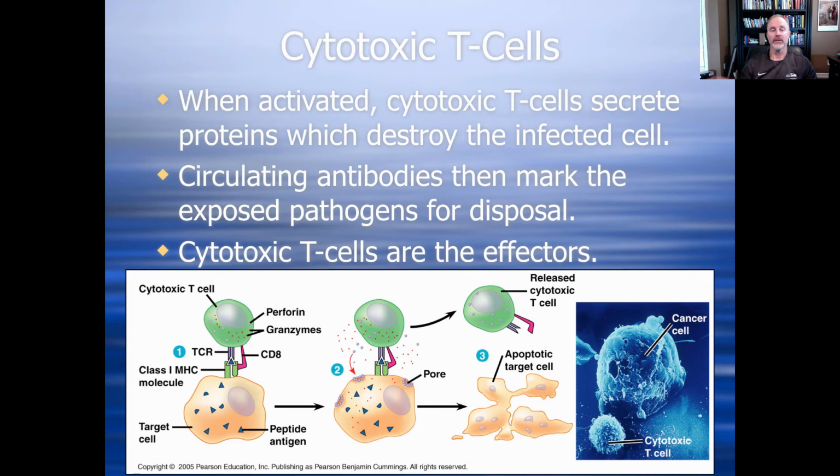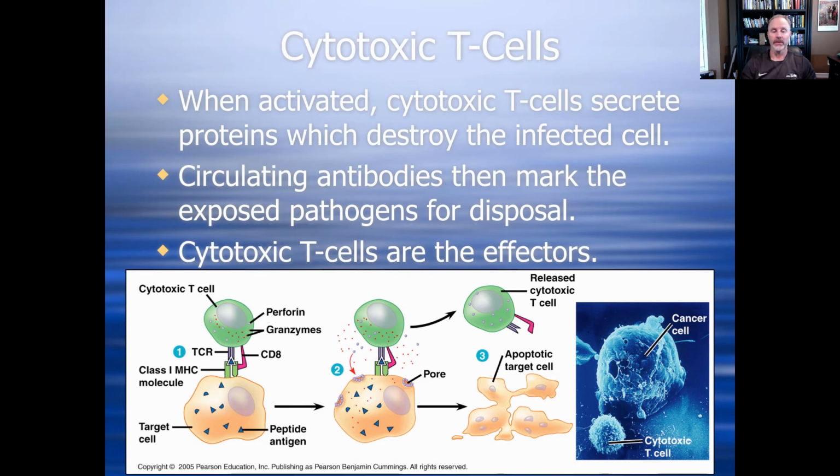And the cytotoxic T cell now recognizes that cell as being more or less in distress. There's something wrong with it. And so what it does is it secretes different types of enzymes, granzymes, things like that, perforin proteins. And what it does is it pokes holes in the cell, disrupts the water balance, and essentially is inducing apoptosis, which is the programmed cell death.